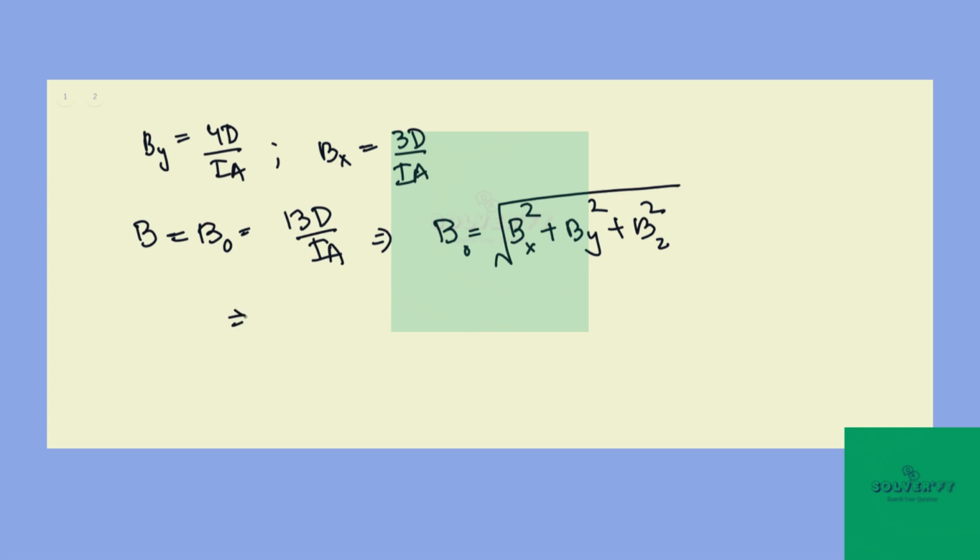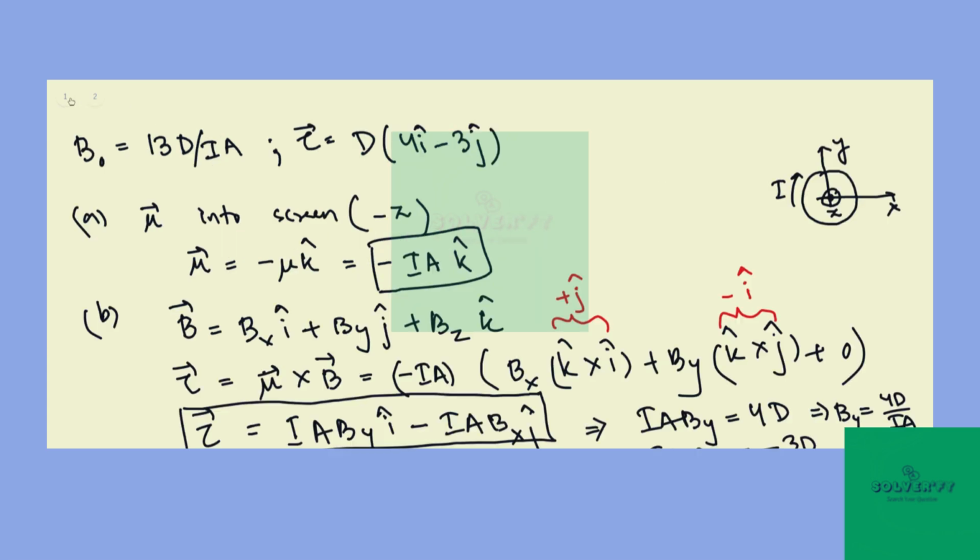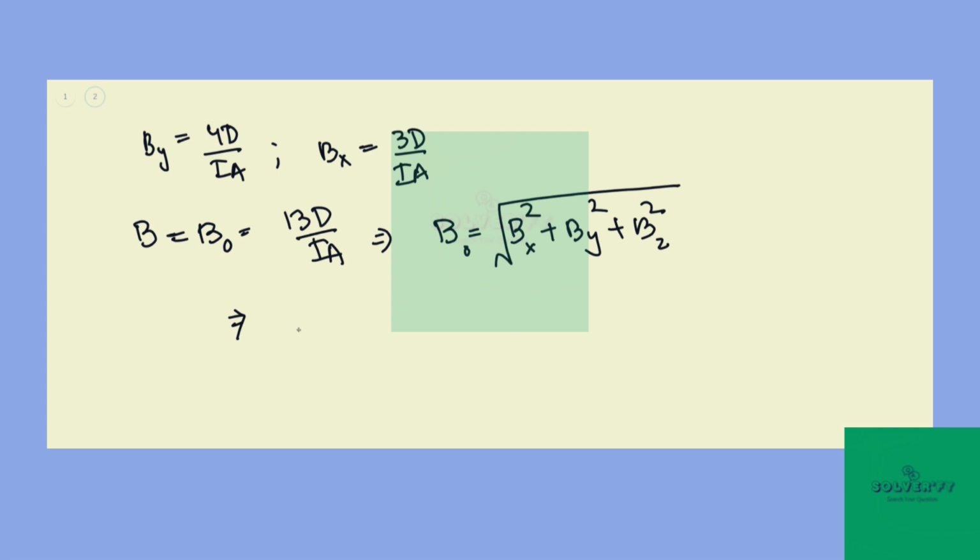So we use these equations to find Bz. So we are given B naught to be 13D over IA. Let's just write it in this form, so I think that will be much simpler. So we square both sides.